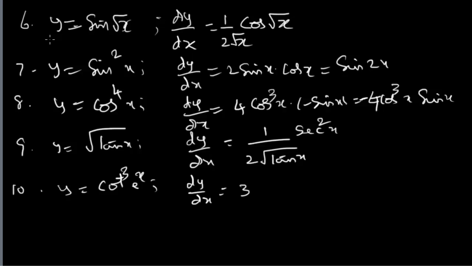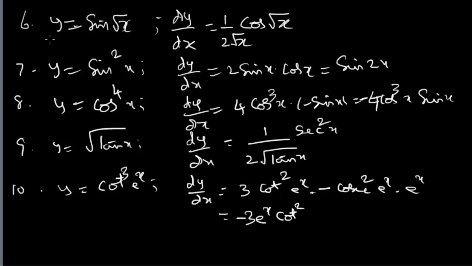So 3 into cot squared, whatever is there you write, and differentiation of cot is minus cosecant squared, whatever is there you write. It is not x, it is e power x. Differentiation of e power x you write here, e power x only. So minus 3 e power x cot squared e power x into cosecant squared e power x.